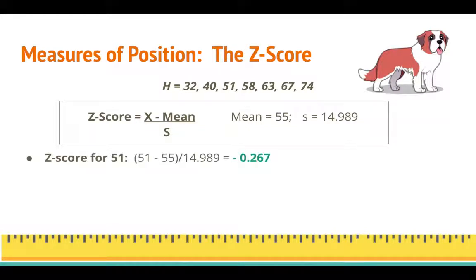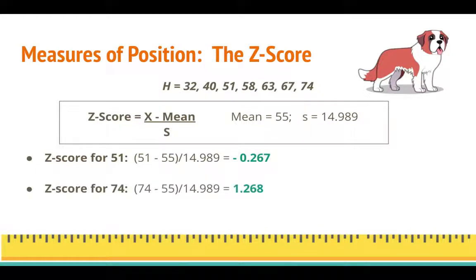So the first example, for a height of 51, it's below the mean, so I'm expecting a negative z-score. So 51 minus 55 divided by that standard deviation gives me a negative 0.267. So I'm about a fourth of a standard deviation below the mean.